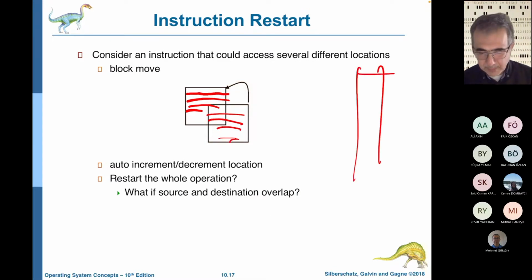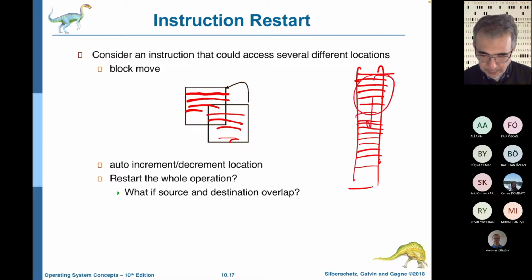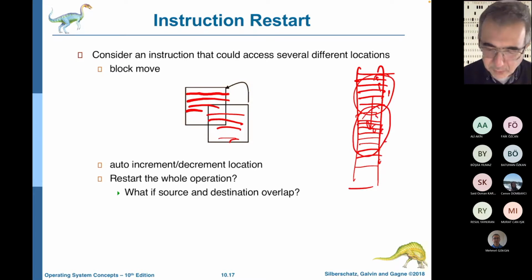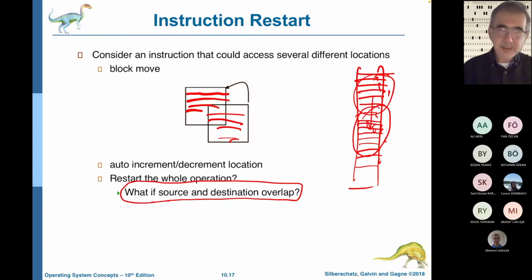So this part will be shifted to this part. So read, write, read, write, read, write is required. Therefore, if the source and destinations are overlapping, there might be a significant amount of swapping in and out. So that is interestingly complicated.